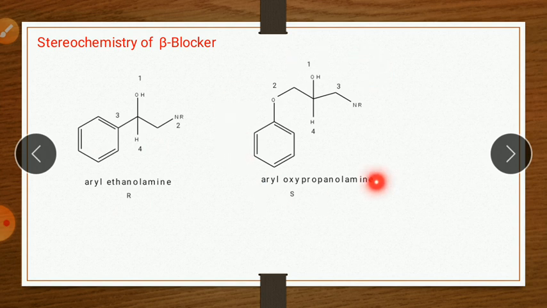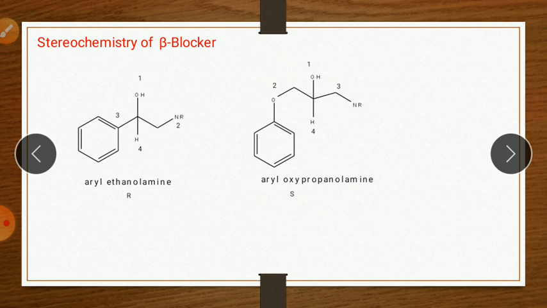But an aryl oxypropanolamine is an antagonist. It binds to the beta receptor and blocks that receptor. But here the configuration is changed to S. Why change? Because of this insertion of the OCH2 group.